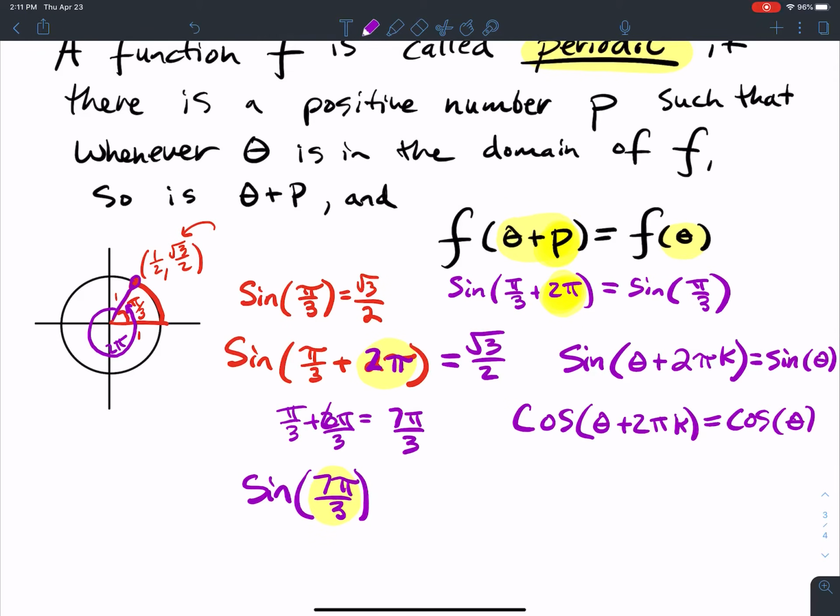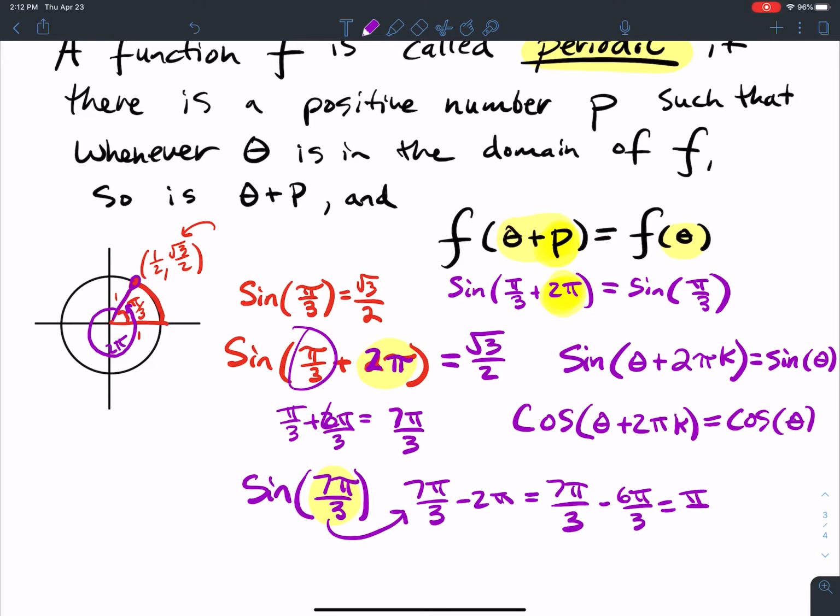What I would do is just start subtracting off 2 pi amounts until you get something similar to this right here. So just subtract until you get it worked out to where it's one of those ones that we have memorized.